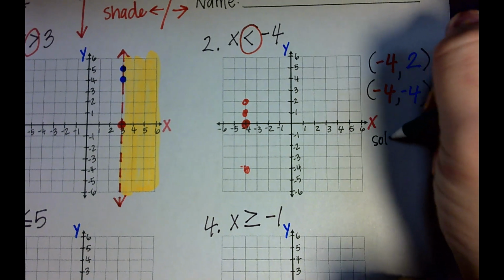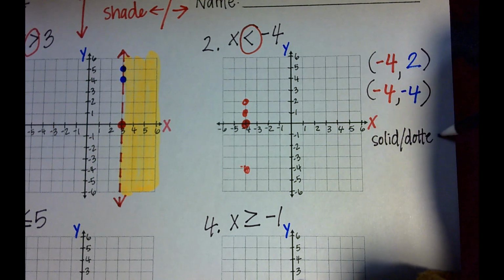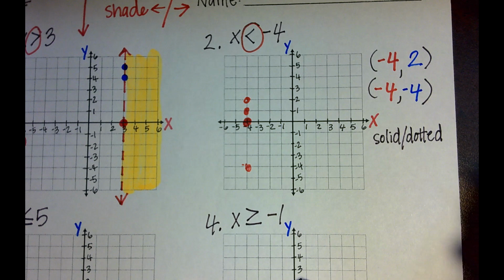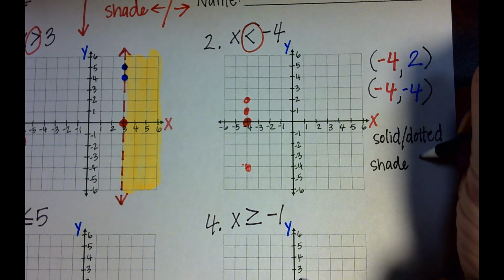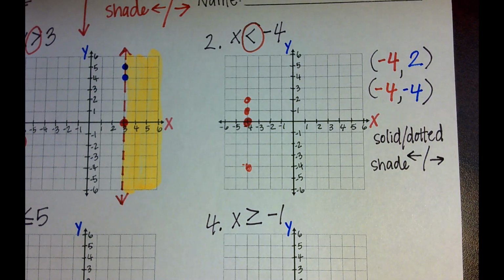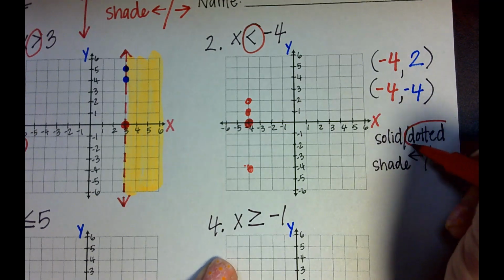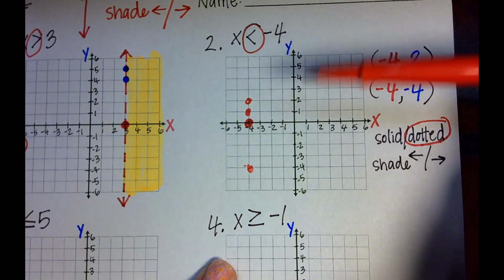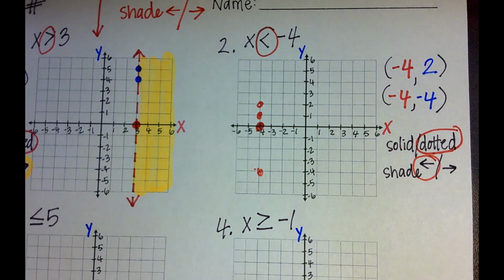So now we're going to decide if our line should be solid or dotted, and if we should shade to the left or to the right. This is going to be a dotted line. Good. Yes, we have a dotted line, and since it's less than, we go to the left. Good.